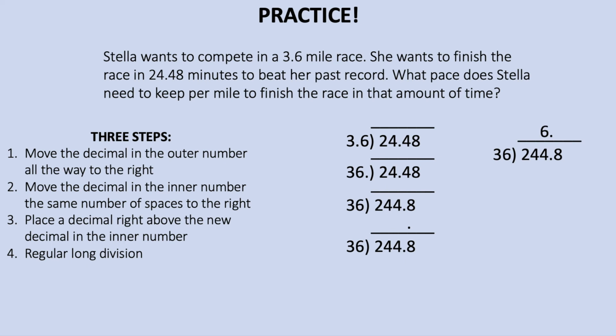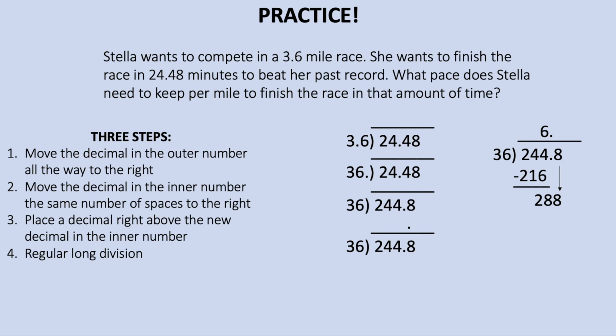So that's the number that we're going to start with. So put 6 up top, which when you multiply it by 36, you get 216. And then you subtract 216 from 244, which gives you 28. And then you pull down the 8 from the end of the decimal, which will give you 288. And then you ask how many times can 36 go into 288.